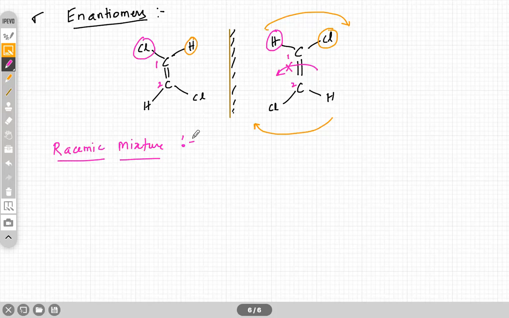Next line. Racemic mixture is optically inactive.